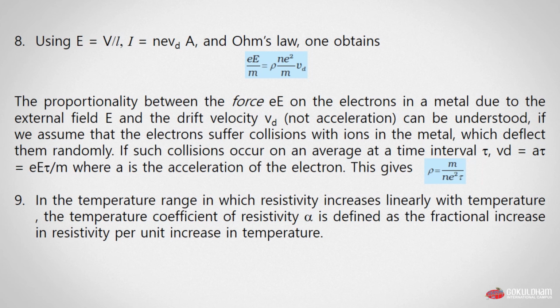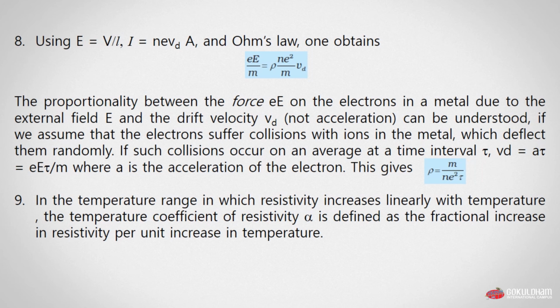If such collisions occur on average at a time interval τ, the drift velocity v_d = a × τ = eEτ/m, where a is the acceleration of the electron. This gives us the resistivity ρ = m / (n e² τ).